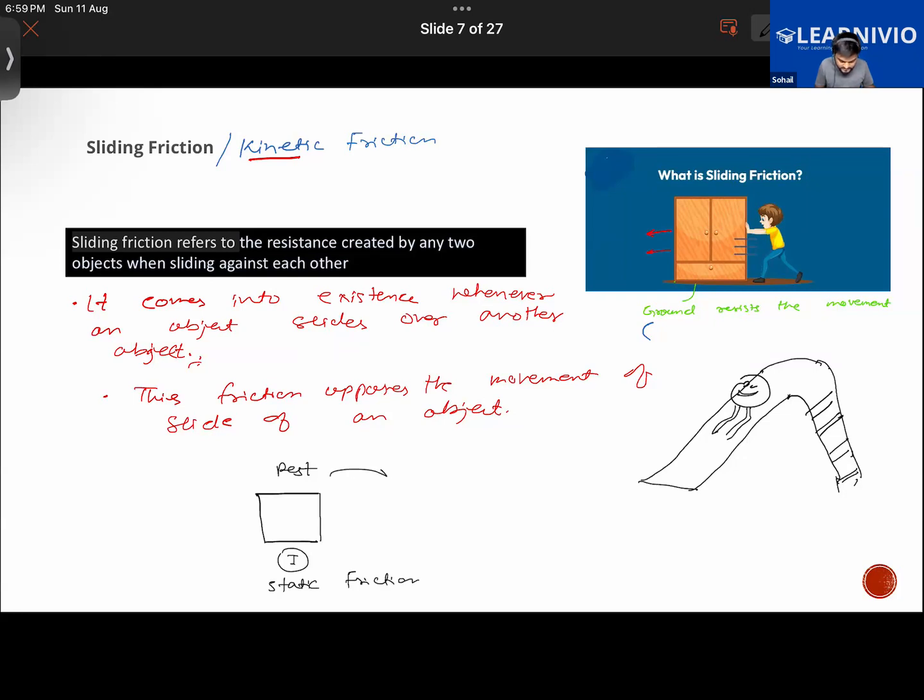But when it started to move, let me draw a surface of some object, this is another object over which it is sliding. At that time, the kind of friction generated between the surfaces of these two objects was sliding friction. Hope you have understood this. We have a common example of a slide here.